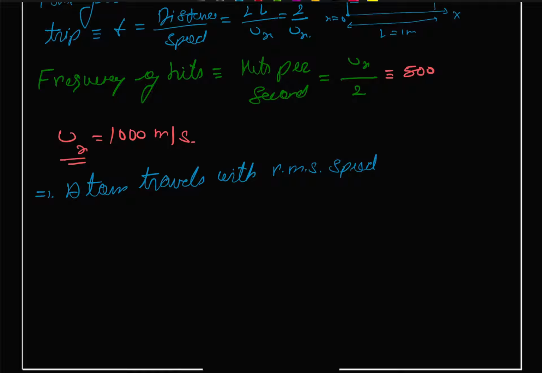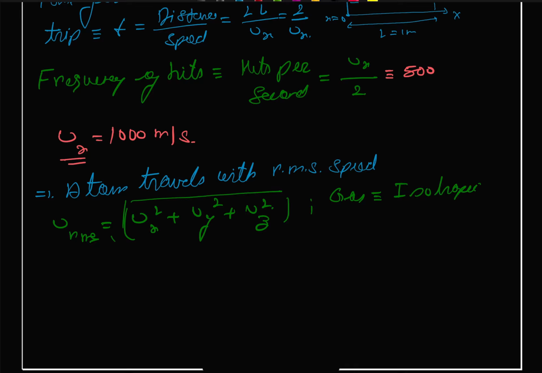If we write the equation for v RMS in terms of all three coordinates, v RMS will be the square root of v x square plus v y square plus v z square. Since our gas is isotropic, the mean square velocity will be equal in all directions.